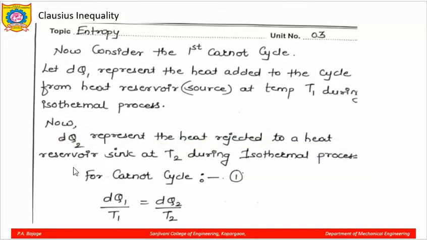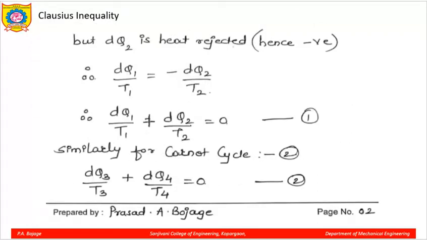So, for cycle number 1, you can write as per the Clausius theorem, dQ1 upon T1 is equal to dQ2 upon T2. Do not get confused in this. But what is the problem? dQ2 is the heat rejected.